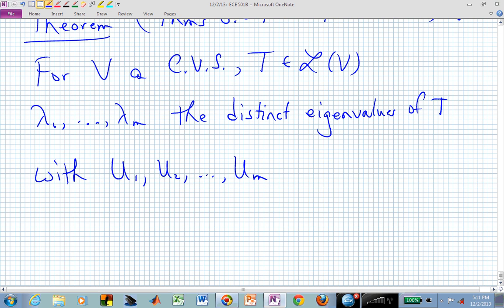They might be one-dimensional, they might be multi-dimensional, two-dimensional, three-dimensional, depending on the multiplicity of those specific eigenvalues.